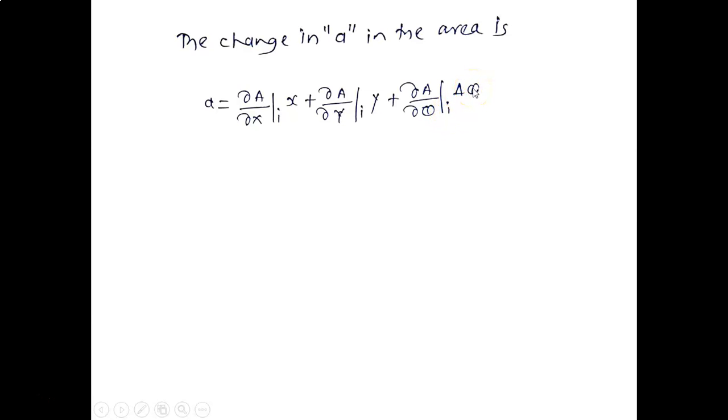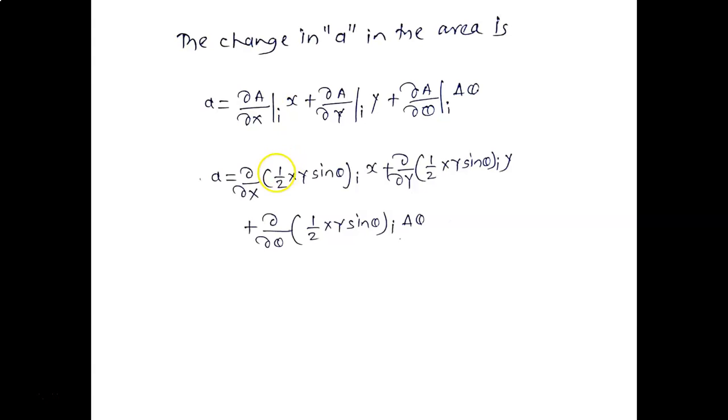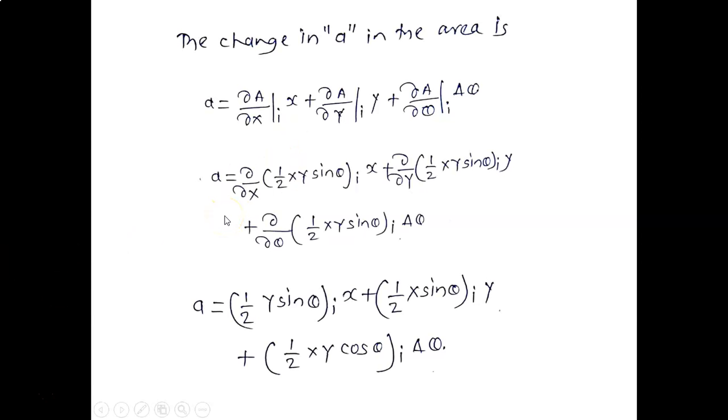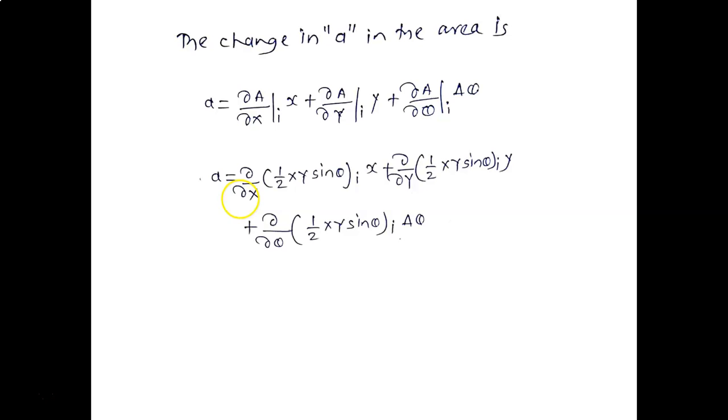Therefore, now we will substitute the value of a in this equation. What is the value of a? 1/2 xy sin theta. Therefore, small a is equal to dou by dou x of 1/2 xy sin theta at I into small x plus dou by dou y of 1/2 xy sin theta at reference point I into small y plus dou by dou theta of 1/2 xy sin theta at the point I into delta theta.